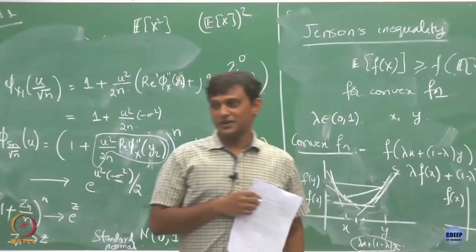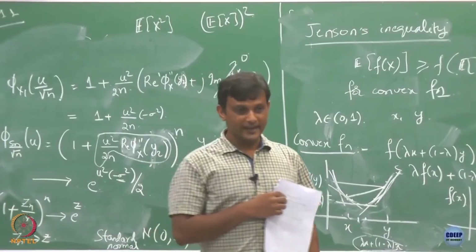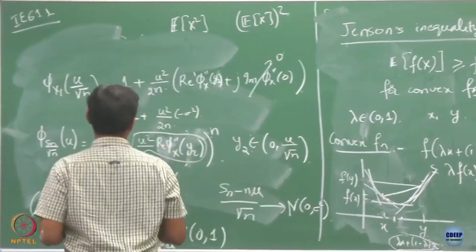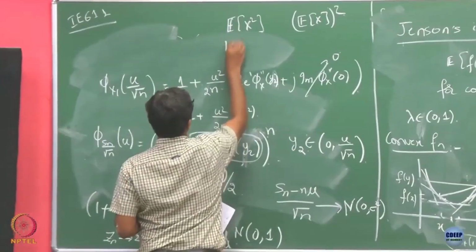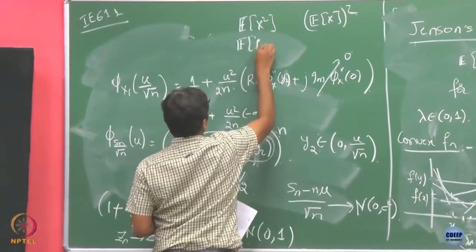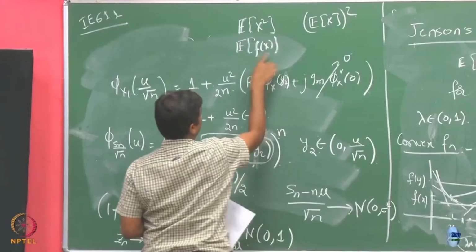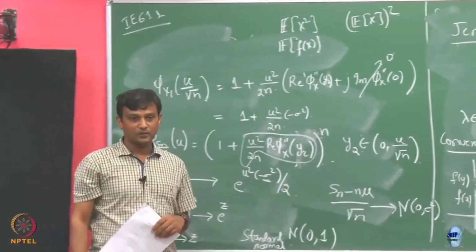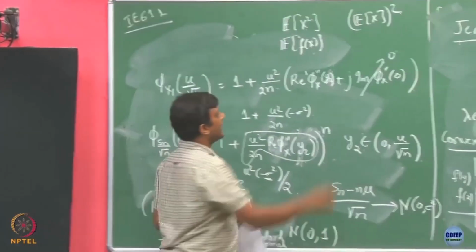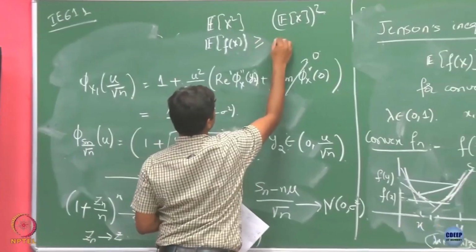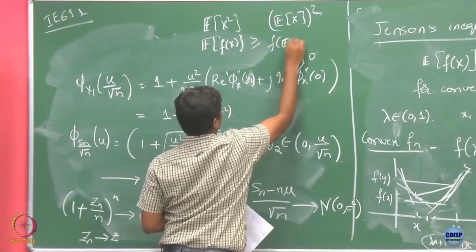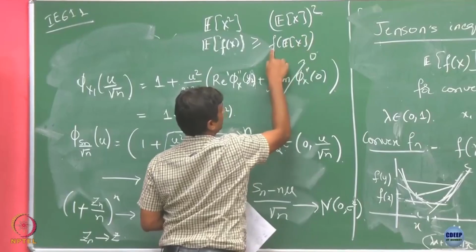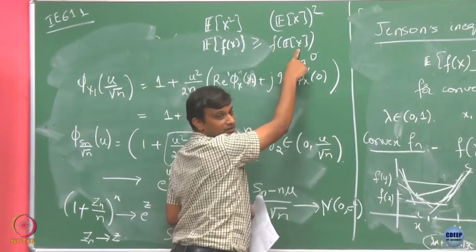So what function are you going to use here? X square, right? So I can think of this as f of x here, where f of x is x square. So if I have to do this, then I know that this is nothing but expectation of x, and f is nothing but the square function, right?